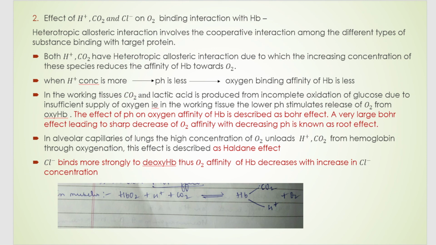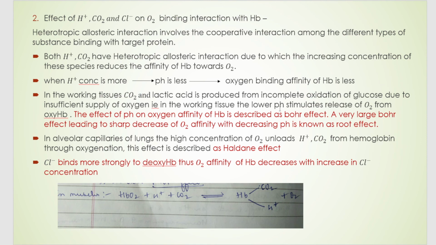Okay, now lactic acid is an acid, so there will be high concentration of H plus ions in the tissue, and how will the pH be? The pH will be very low. Now, in step number 2, the oxygenated hemoglobin has reached the tissue. This is step number 2 where the oxygen containing hemoglobin has reached the tissue, and now it sees that here in the tissue the pH is very low.